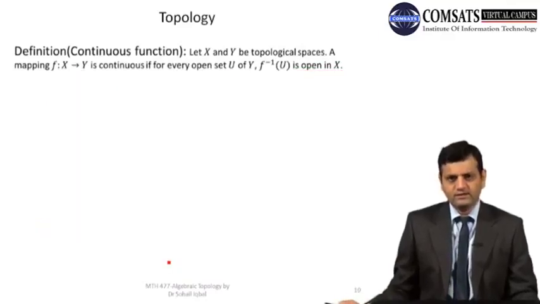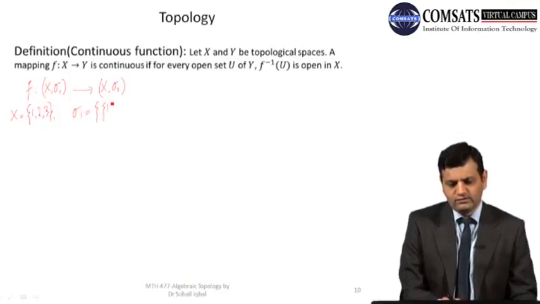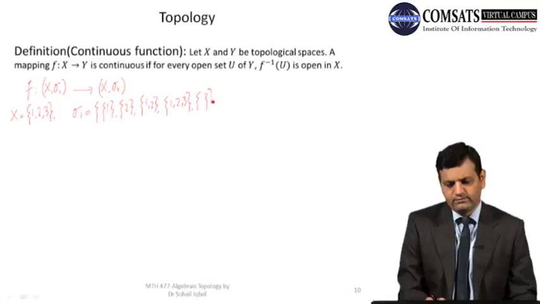So let's consider another example of a continuous function. Consider F from topological space (X, sigma 1) to topological space (X, sigma 2), where X is equal to {1, 2, 3}, and sigma 1 is the collection of open sets: {1}, {1, 2}, {1, 2, 3}, and phi.